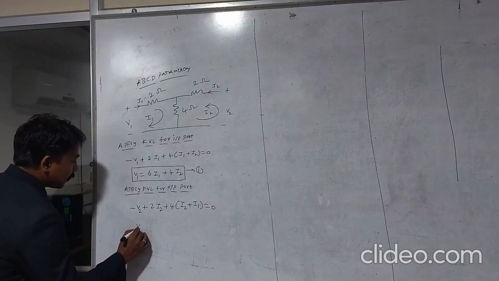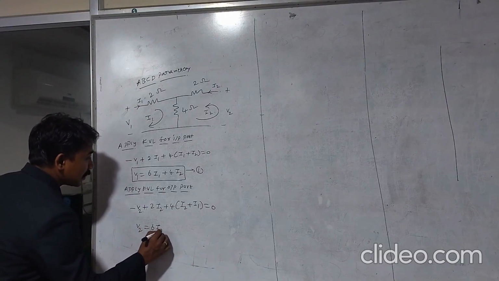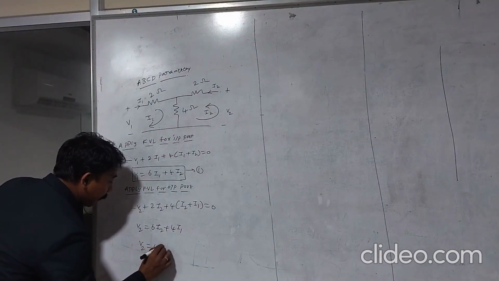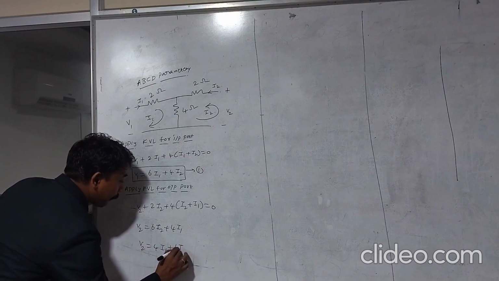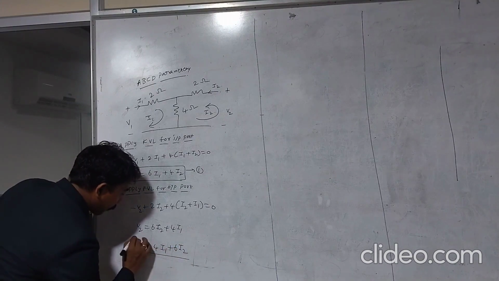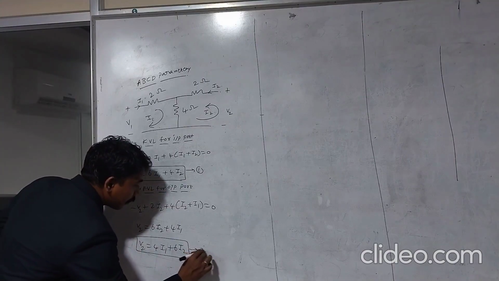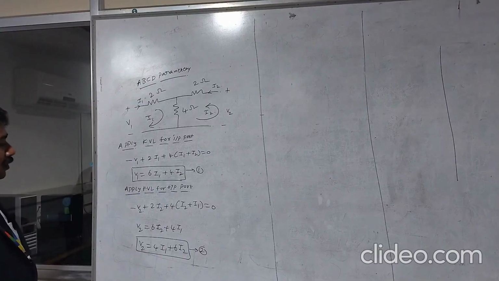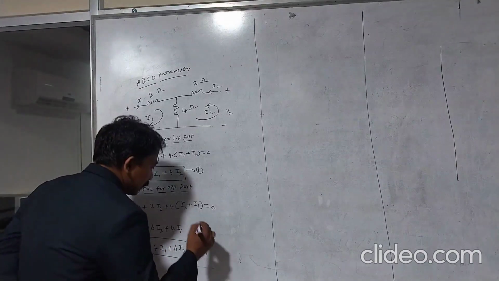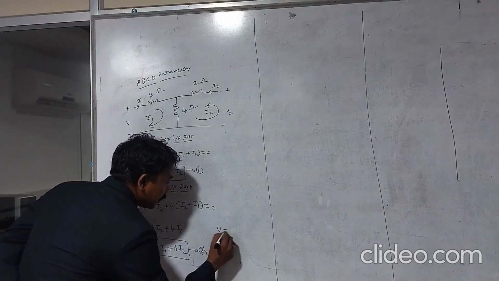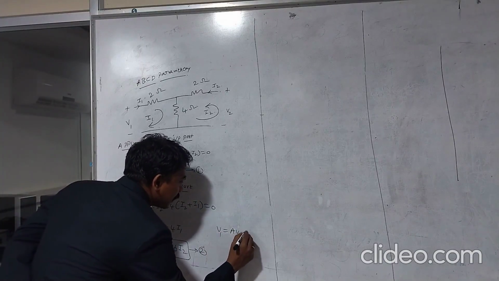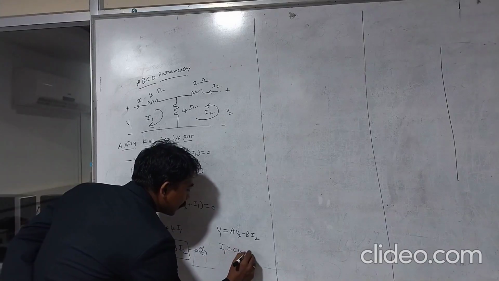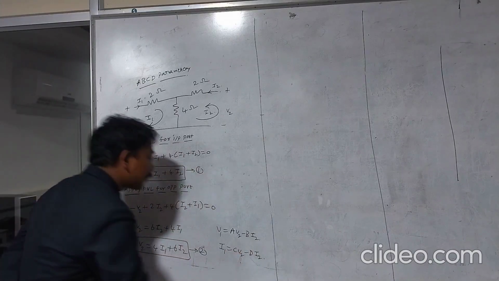So organize this thing: V2 equal to 6 I2 plus 4 I1. Okay. So these are the corresponding KVL equations of the input port and output port. So the generalized ABCD parameters: V1 equal to A V2 minus B I2, I1 equal to C V2 minus D I2.